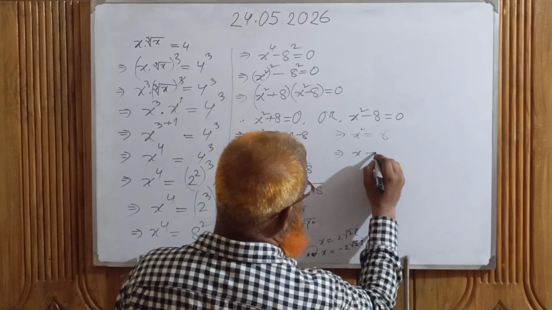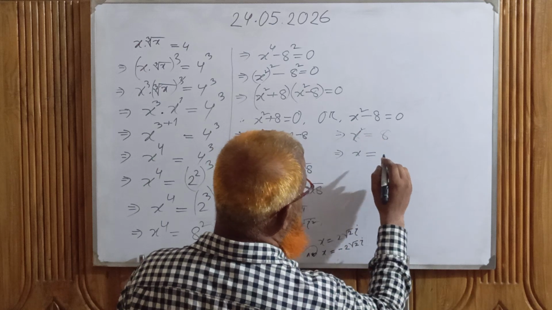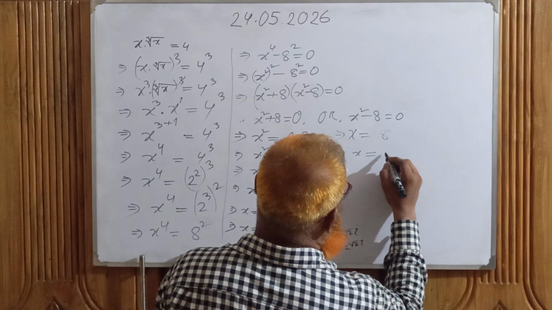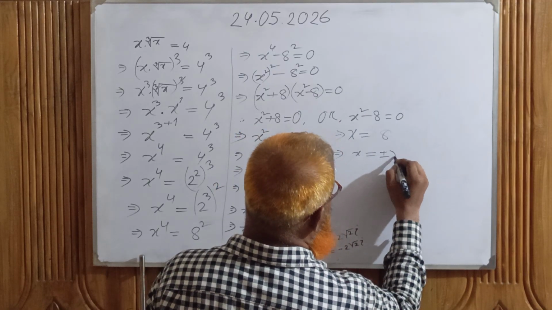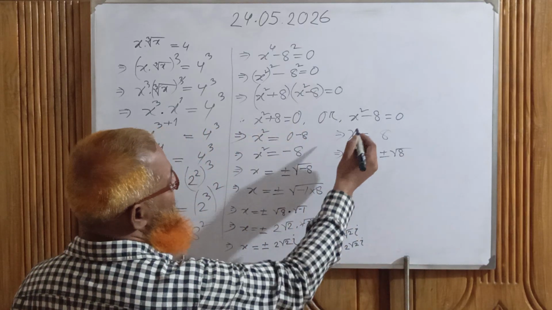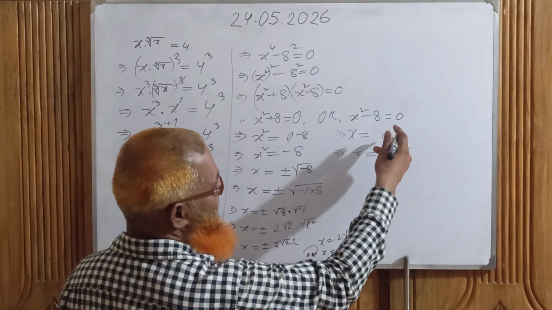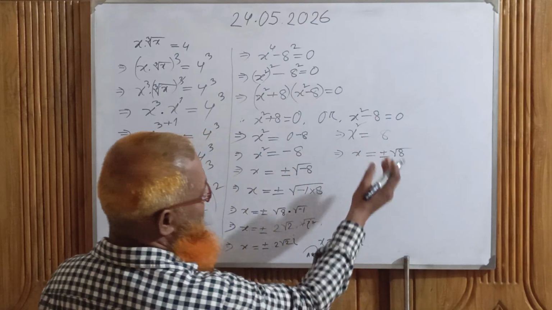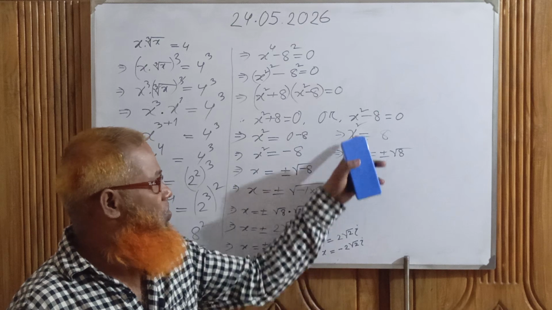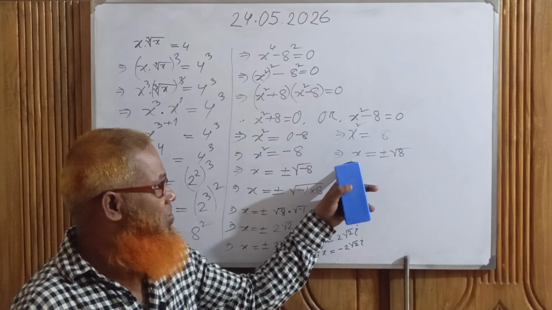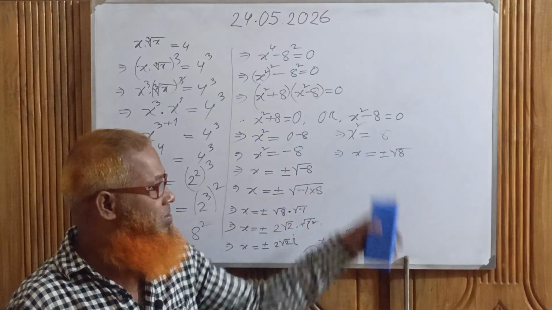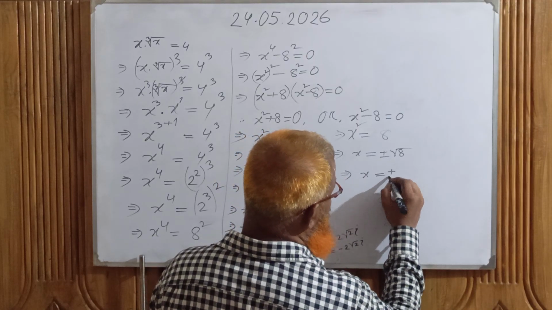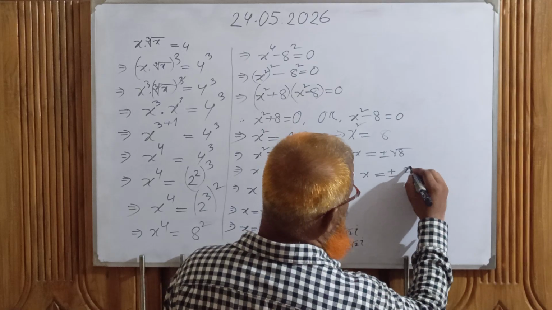So x equals plus minus root 8, because this minus becomes plus, and we take the root on both sides, so the square is cut from x and x equals plus minus root 8.